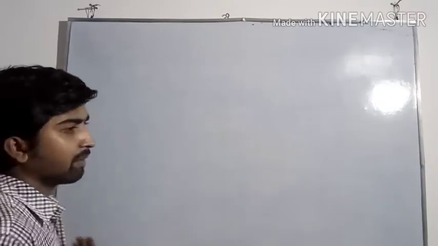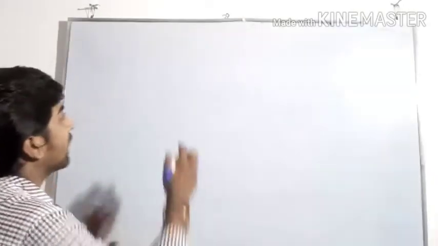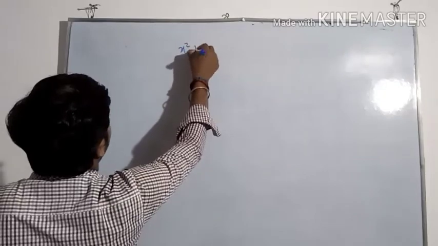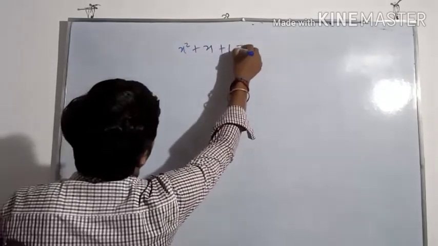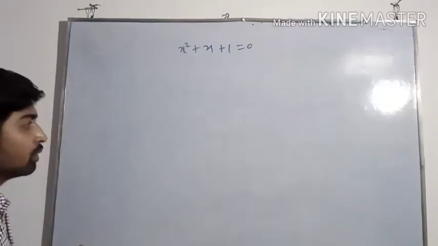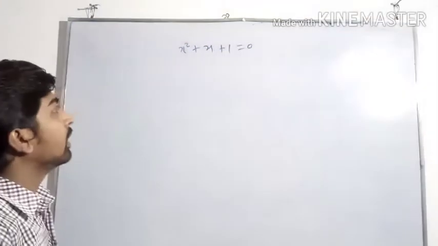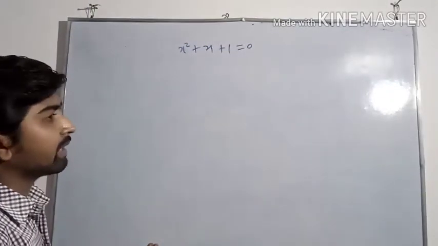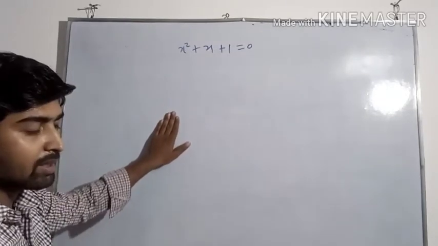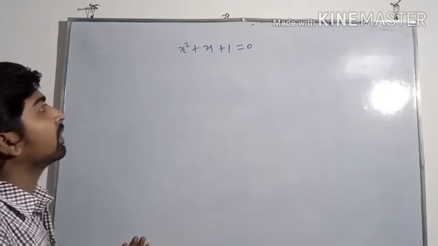First of all, students, we will find roots of a quadratic equation like x square plus x plus 1 equals 0. Thereafter, we will find cube roots of unity. Now, it's very easy. We have discussed this type of quadratic equation and we can easily find the roots.